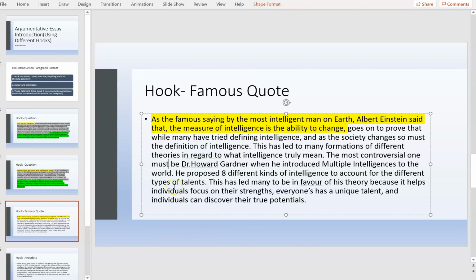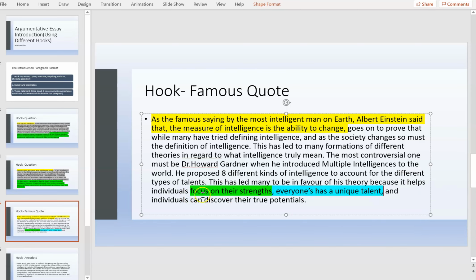The most controversial one must be Dr. Howard Gardner. When he introduced multiple intelligences to the world, he proposed 8 different kinds of intelligence to account for the different types of talents. This has led many to be in favor of his theory because it helps individuals to focus on their strengths. I'm going to highlight this one by one so you can see the 3 different main ideas.